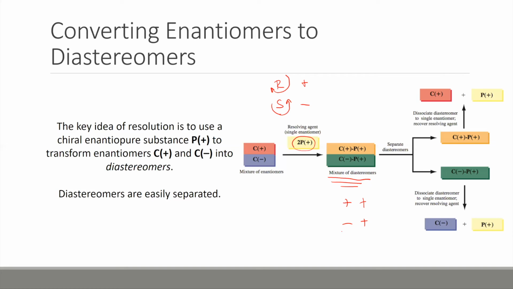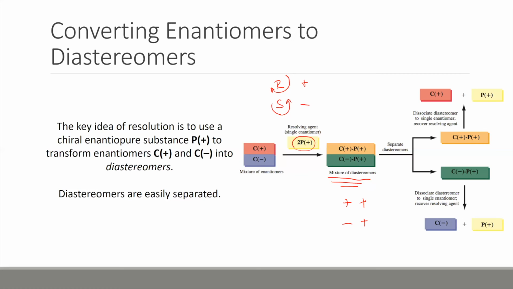So they have the same structure, but they are oriented differently in space, and they are a mixture now of the original enantiomeric structure and an additional substance with one chiral center.